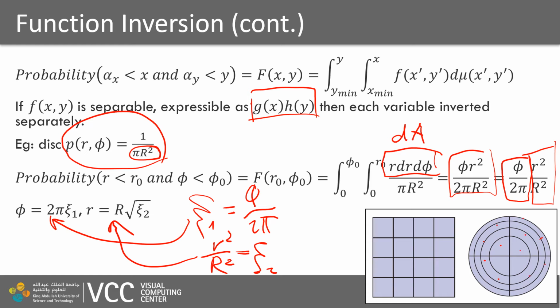So these concentric circles have been scaled up so that they correspond to the same area, and the same area will then be sampled with the same probability, so to say, and there will not be more samples closer to the origin, but they will be uniformly distributed. So this is how we can create fair sampling using the function inversion.